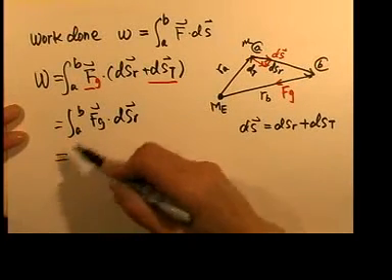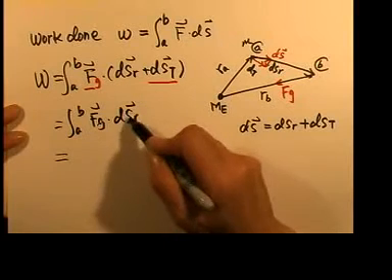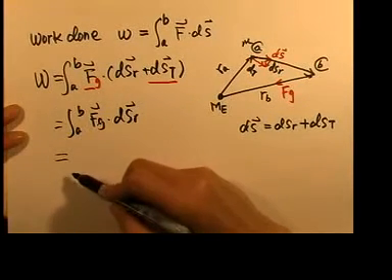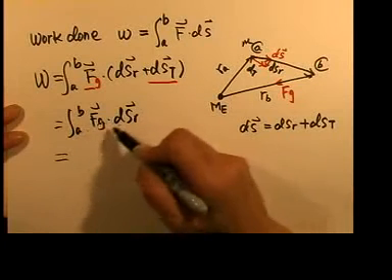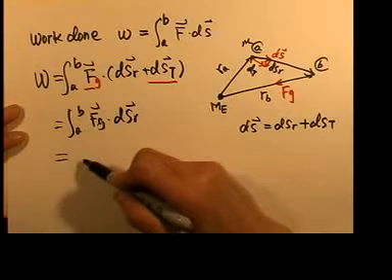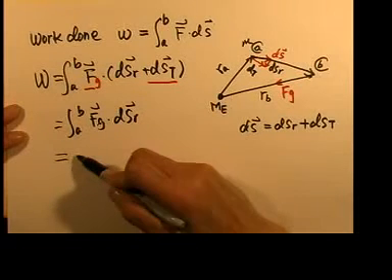Now, since gravitational force is center seeking and ds_r is in the radius direction, when they dot, the angle is 180 degrees. So, I'm sorry, when they dot, it is a cosine, and A B cosine 180 is a negative sign.